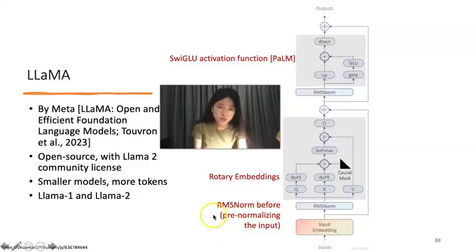So pre-normalizing with RMSNorm before the input. Other things are pretty similar to the decoder architecture of ChatGPT or the transformer. And it uses rotary embeddings and a different SiLU activation function.